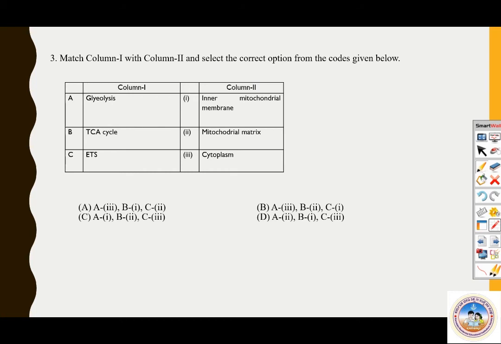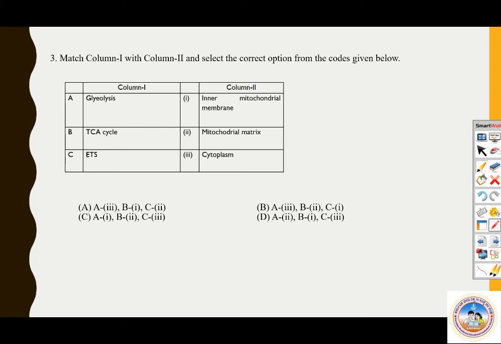Am I clear to where exactly all these things are taking place? So where does glycolysis happen? Inner mitochondrial membrane, mitochondrial matrix or cytoplasm. Where will it happen? Definitely, if you look very closely, the direct answer is nothing but your cytoplasm.